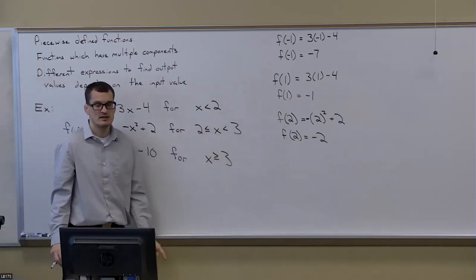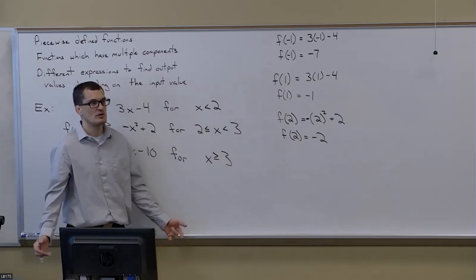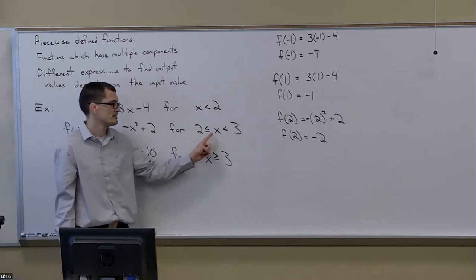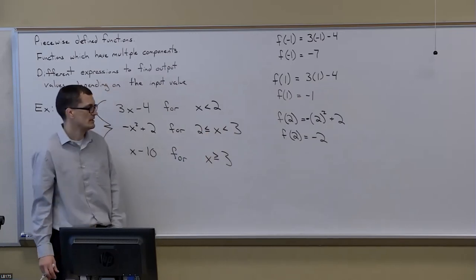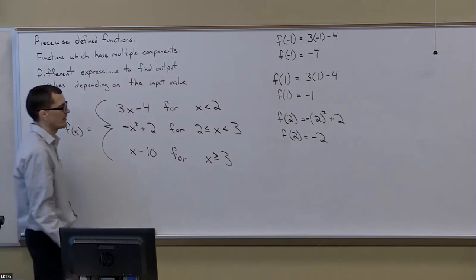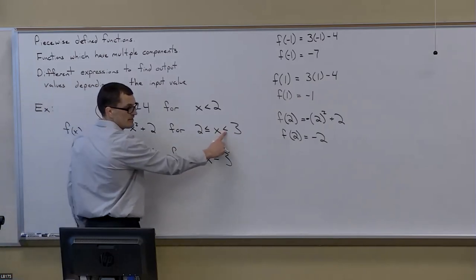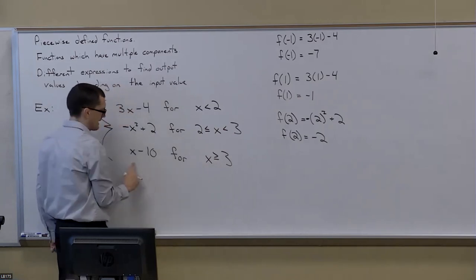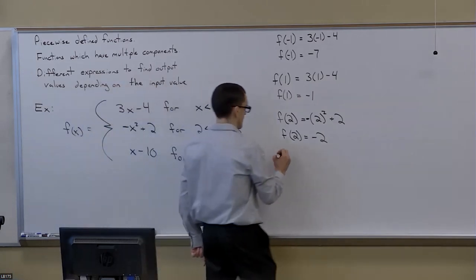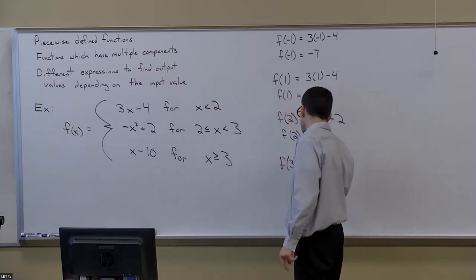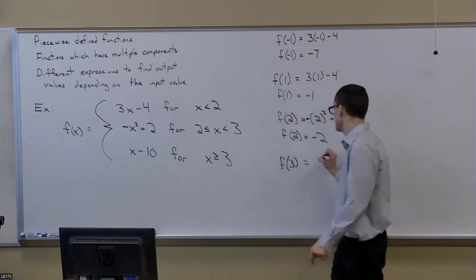If I input 2.75, I'd also use this expression because 2.75 is between 2 and 3, and so on and so forth. Once I get to 3, this one does not have the equality, this one has the equality. So if I get to 3, I have to plug 3 into the x minus 10 expression.